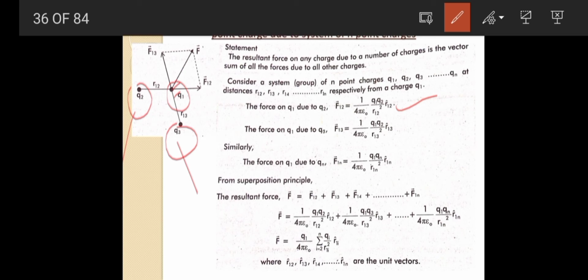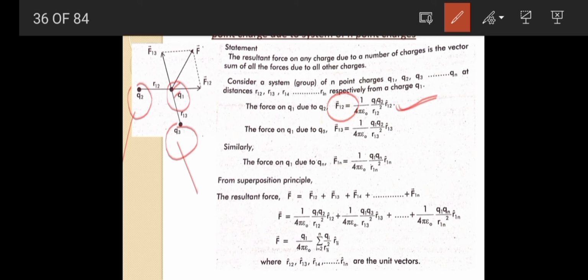F12 is equal to 1 by 4 pi epsilon naught, then the product of these two charges q1 and q2 divided by the square of the distance between them, r12, multiplied by the unit vector r12. This unit vector r12 represents the direction of the force, which is along F12. Clear? That is what this unit vector says.